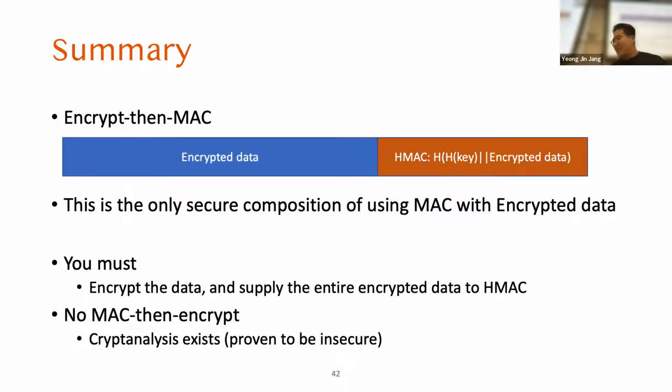What I mean is that there is a different way of using it. Suppose you have a plaintext next to here, attach the MAC to the plaintext, and then run the block cipher on the entire thing.